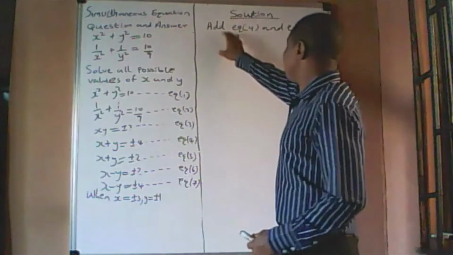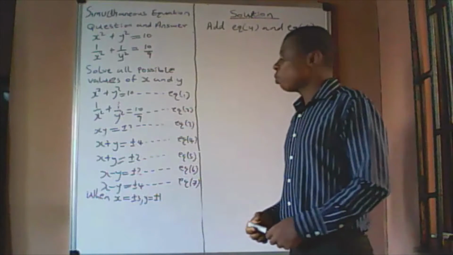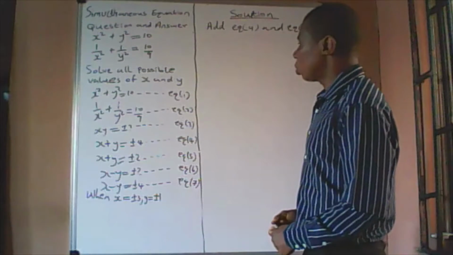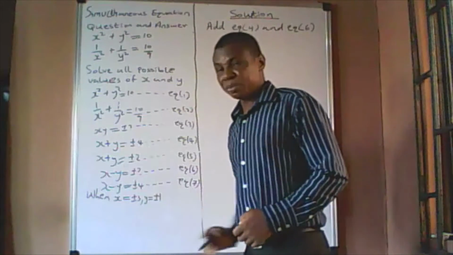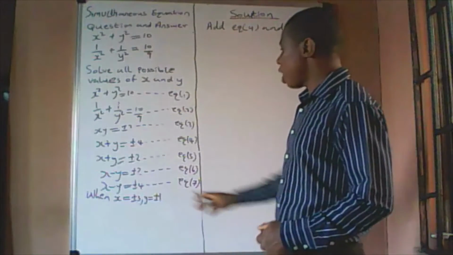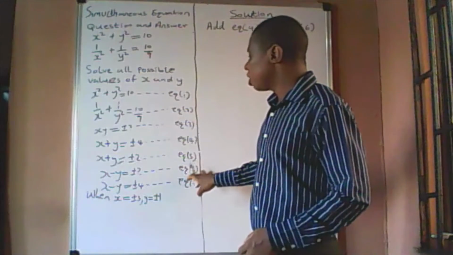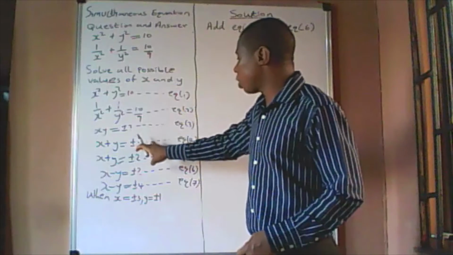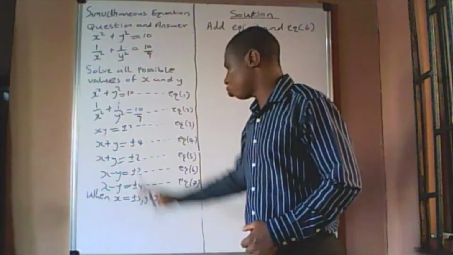We are still adding equation 4 and equation 6, but now we are going to consider different values. We have equation 4 and equation 6. We have considered when plus or minus 4 and when it is also plus or minus 2.